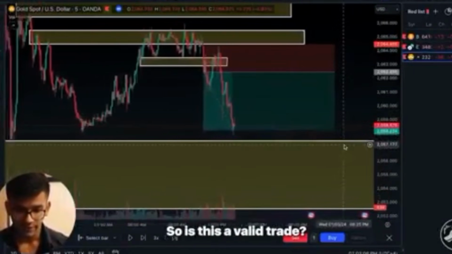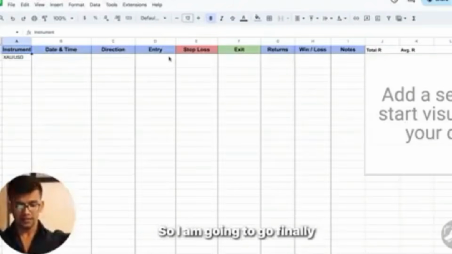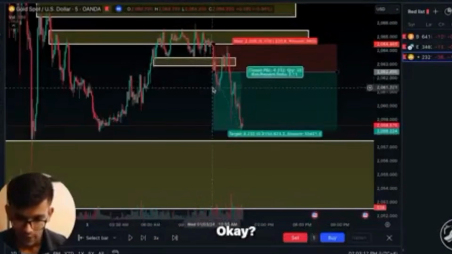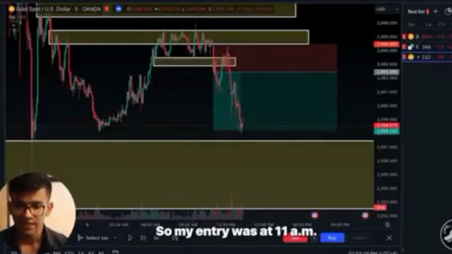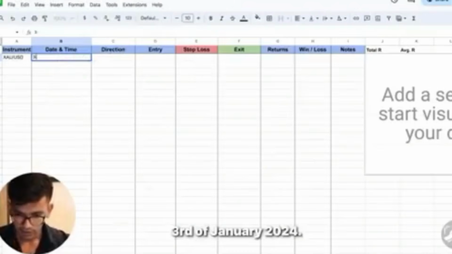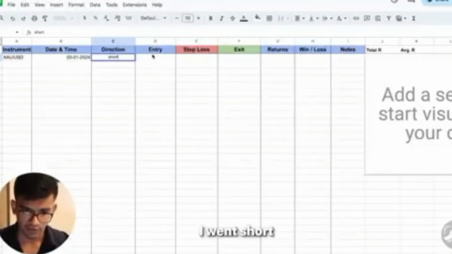So is this a valid trade? Absolutely. So I am going to go finally to my backtesting data and add this over there. Okay. So my entry was at 11 a.m. on the 3rd of January, so I'm going to write here 3rd of January 2024. The direction was short. I went short.